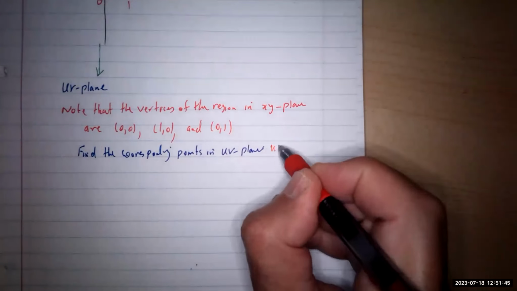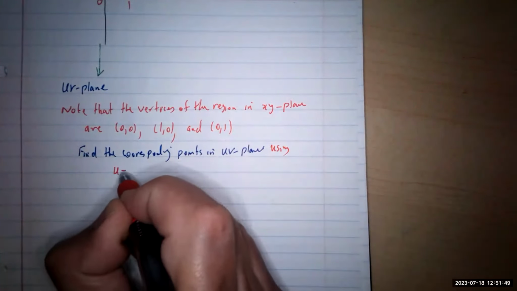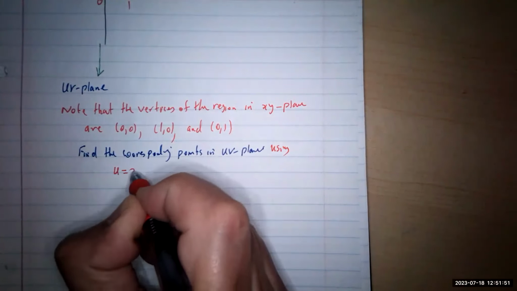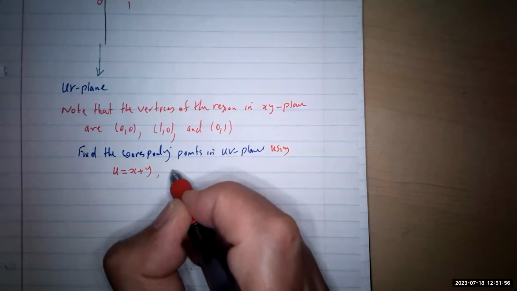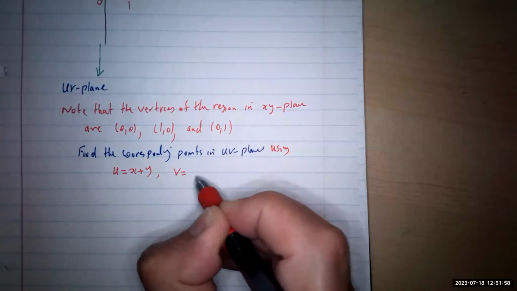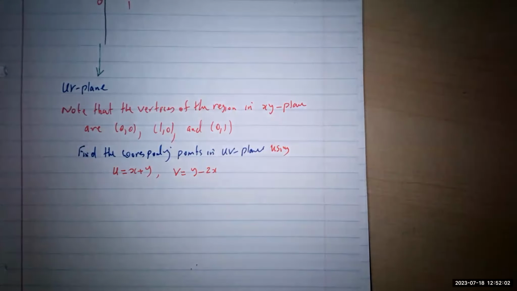So what would be the image of each one? But remember the formula, the transformation that you have: U equals X plus Y, remember? You transform these points. Test these points one by one.